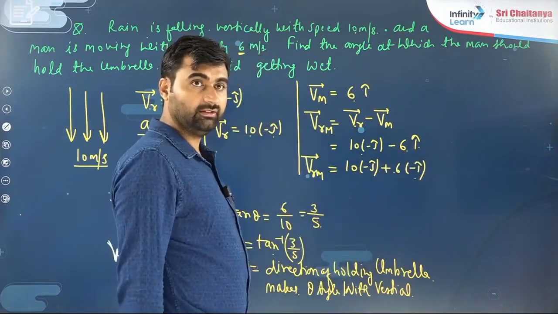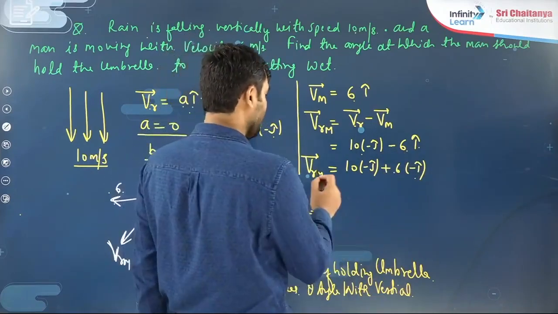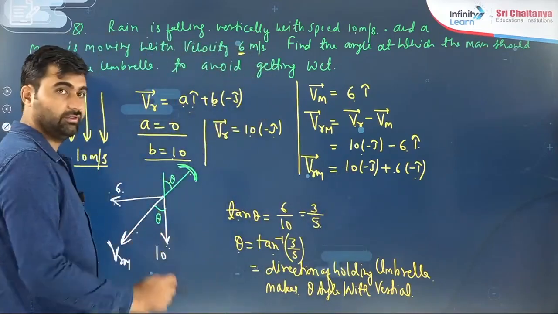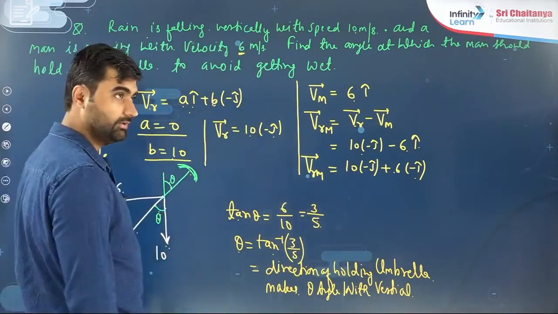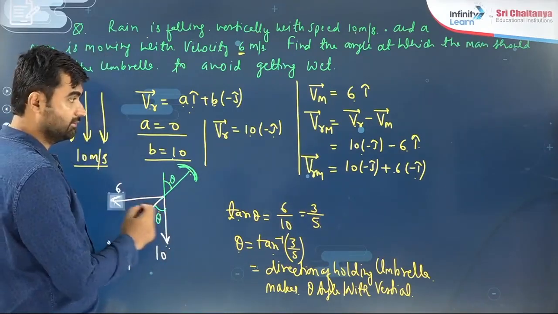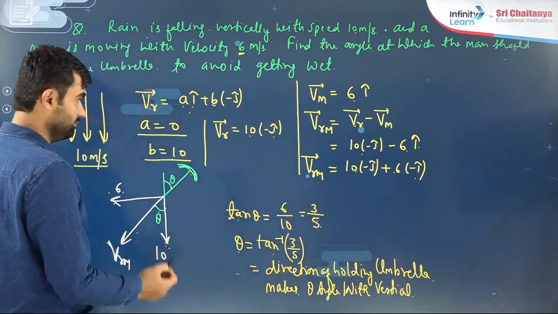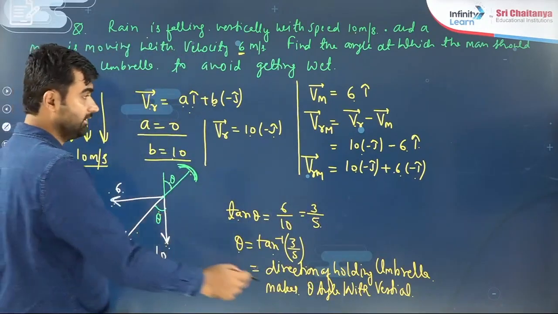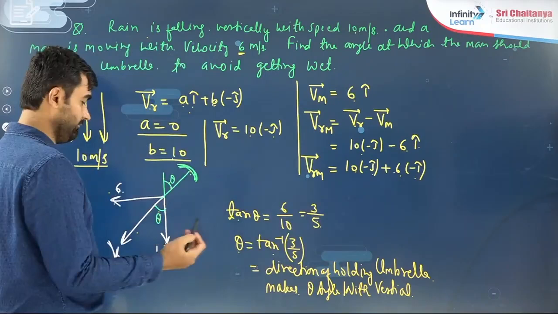Then what you have to do? VRM you calculated. Draw the graph of VRM. So this VRM graph is, here it is 10 minus j cap, then 6 minus I cap. So in the minus I cap direction 6 and in the minus j cap direction 10.